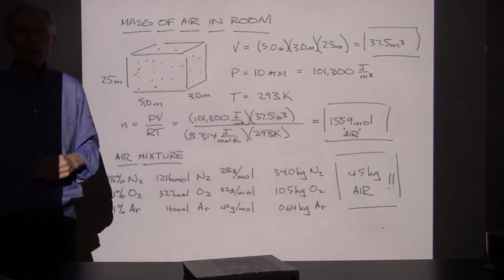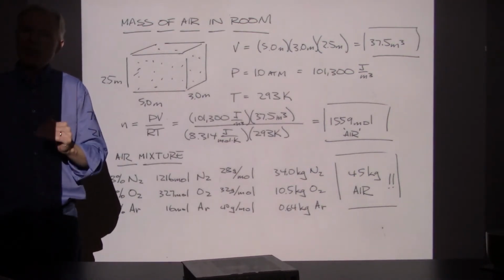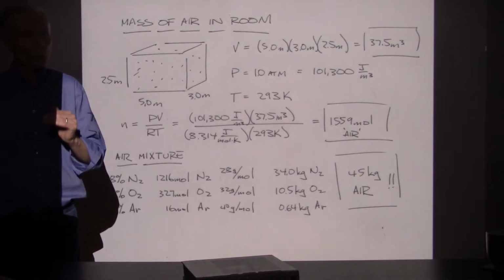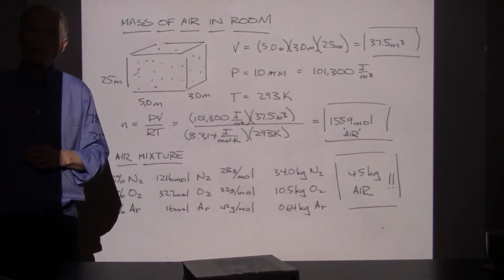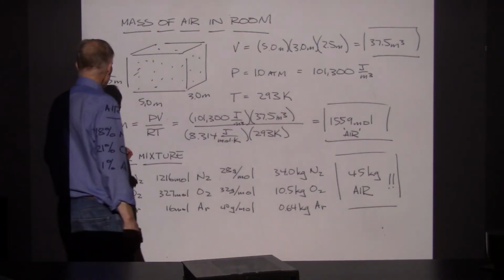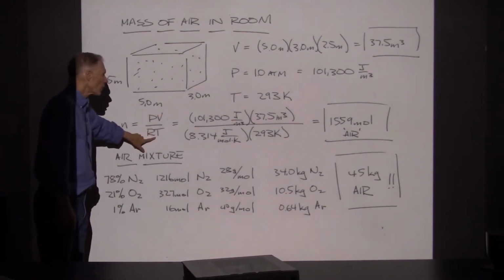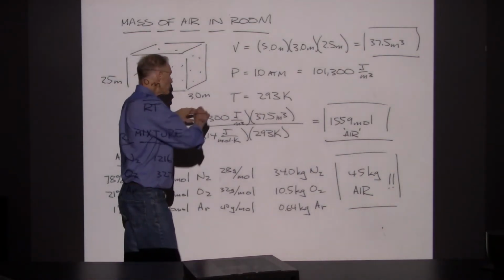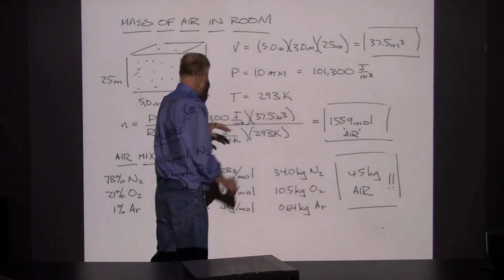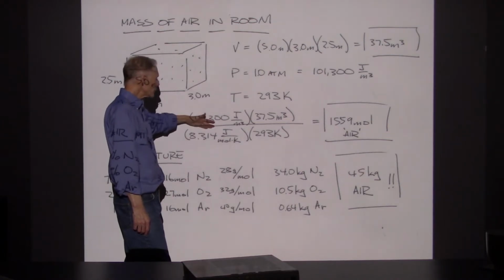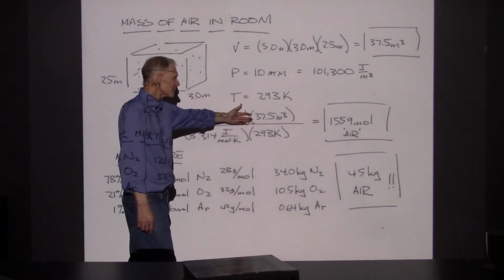0 Celsius is just too cold. So the number of moles of air molecules in the room is given by PV over RT. I put in my P, my V, big R, all in standard units, and the temperature in kelvins.